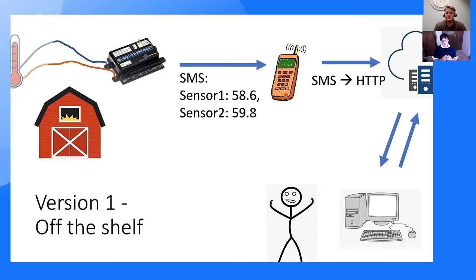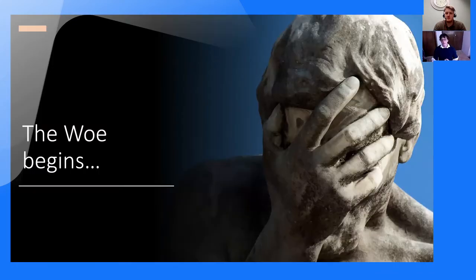A phone that I had just sitting on my desk would receive that SMS and with a simple app convert it into an HTTP request, which would go to my server, and the server would unpack that data and put it into my database so that everyone could have a look at it online. So in theory, that was an amazing solution. We put this thing in place, and lo and behold, the woe began.